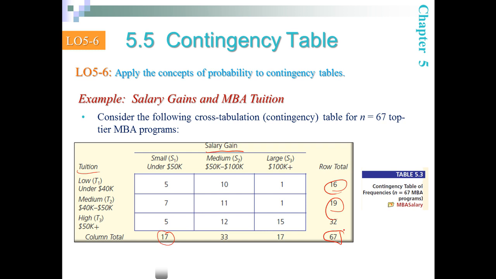And the cross-tabulation table or contingency table gives us a breakdown of how these individual intersections come out. So we'd say there's 5 that are small s and low t. There's 1 that's large s and low t, and so forth.